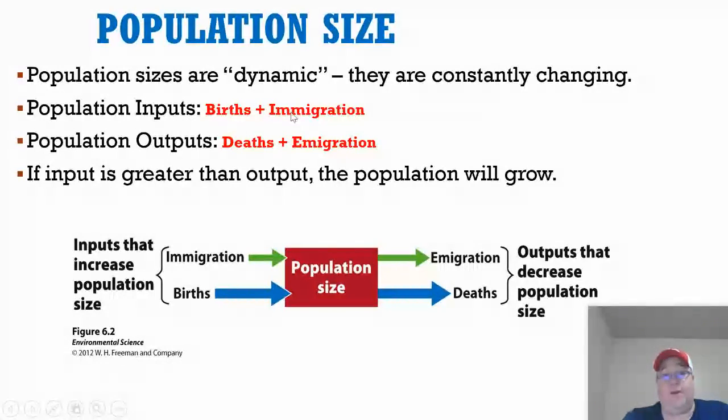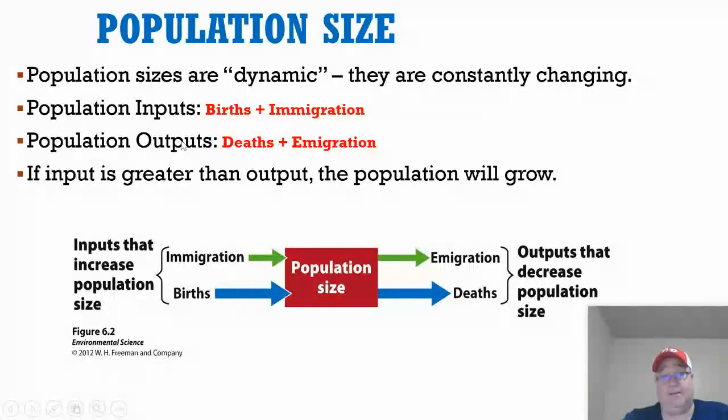Let's say a couple of other elephants immigrate from another herd. Let's say I don't know, 4 or 5 elephants come over and join this elephant population that I showed you earlier. So if there's any immigrant elephants that are coming in, that will cause the population to go up. So these two things, both births and immigration, that will cause a population to increase in size.